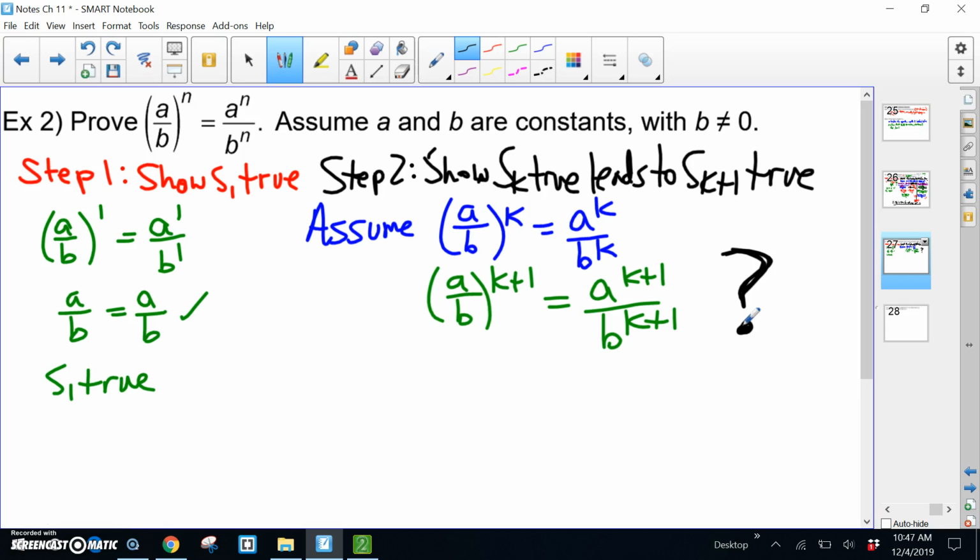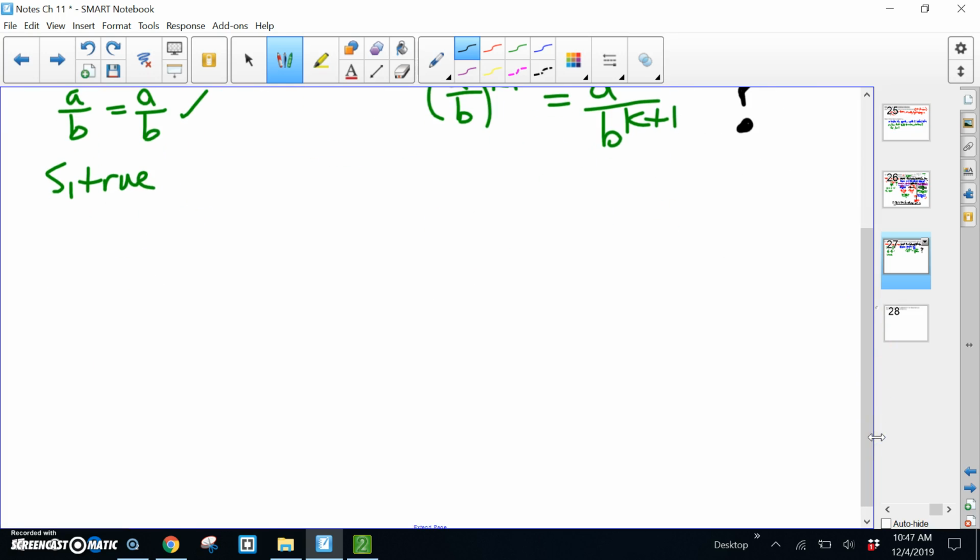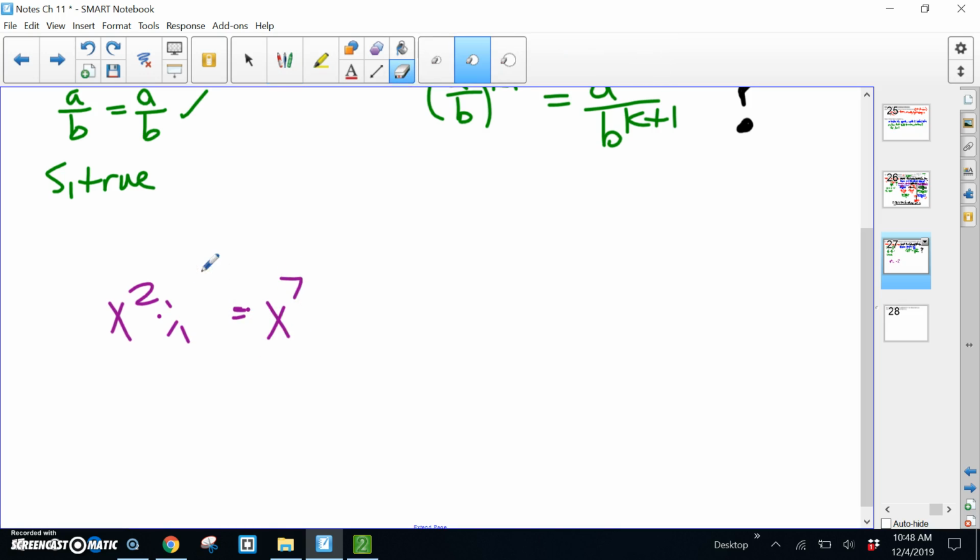Okay. Now, sidebar, we have to think about some algebra for a second that you may have forgotten about. You don't need to write this down, but think about it. If I told you x to the second times x to the fifth, I think everybody in here would know that that's x to the seventh.